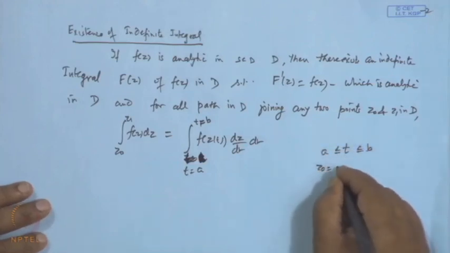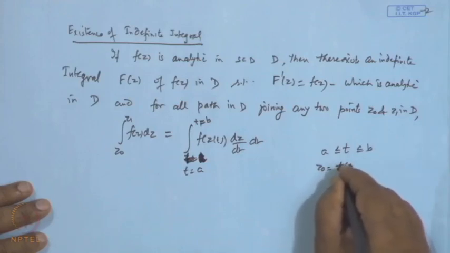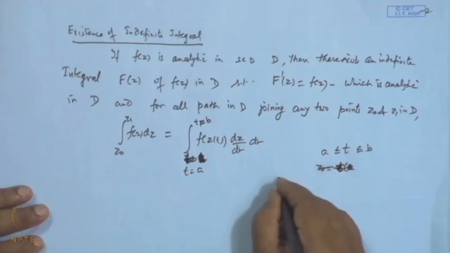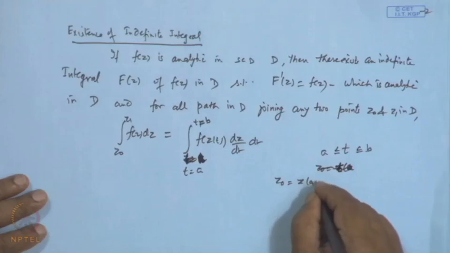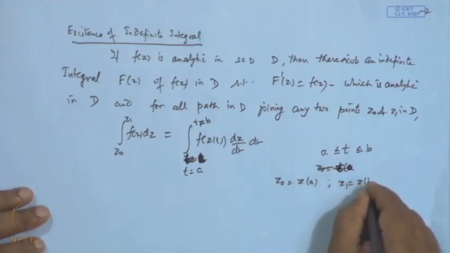Z naught corresponds to the point t equal to a, and z 1 corresponds to the point b.